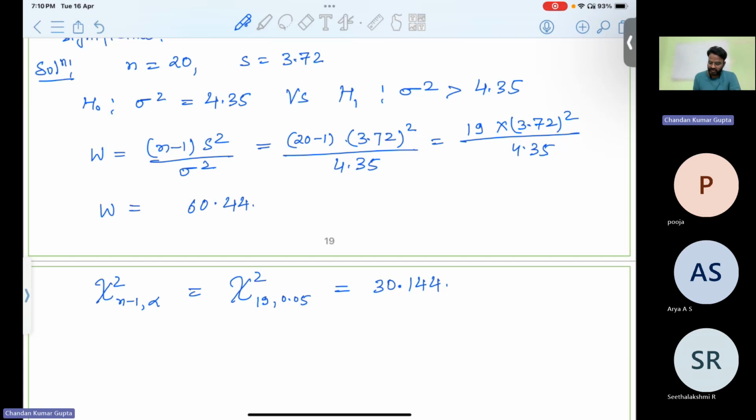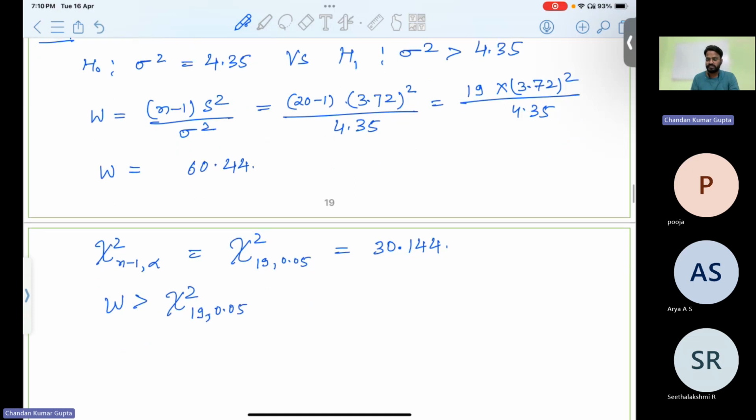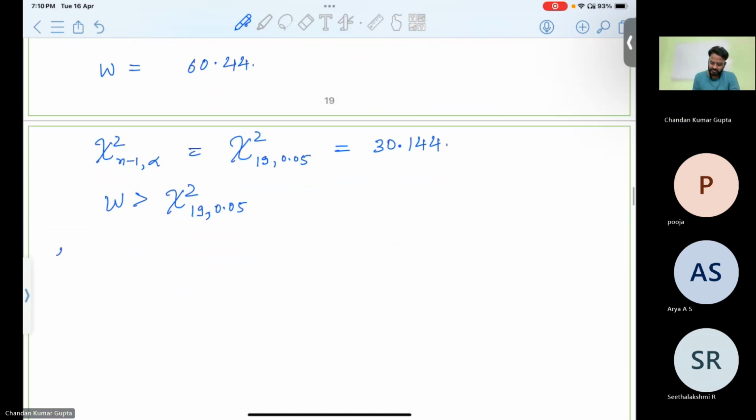So here the calculated value is greater than chi-square 19 at 0.05. The calculated value is again greater, so we reject the null hypothesis.